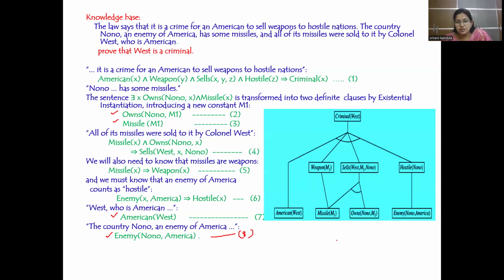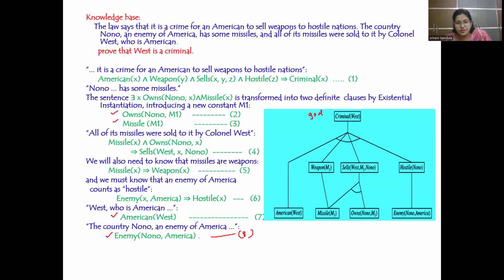The atomic statements are American West, missile M1, owns Nono M1, and enemy of Nono America. From here, we have to proceed to the goal. So this is our goal, and we have to reach there.